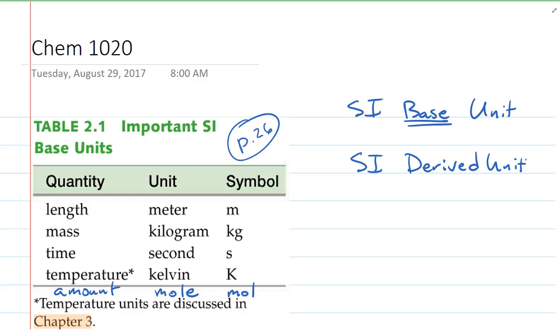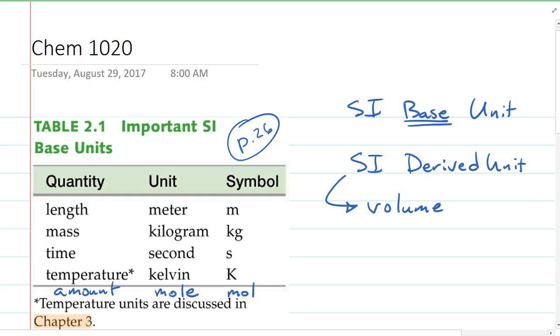So a length times a length times a length gives us units of volume. And a length times a length gives us units of area. We already did that today when we talked about the area of the card. Those are examples of derived units. When we take combinations of base units and create a new one, we refer to that as a derived unit. Volume is an example of a derived unit.